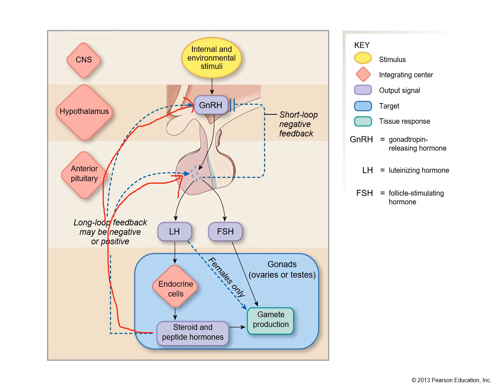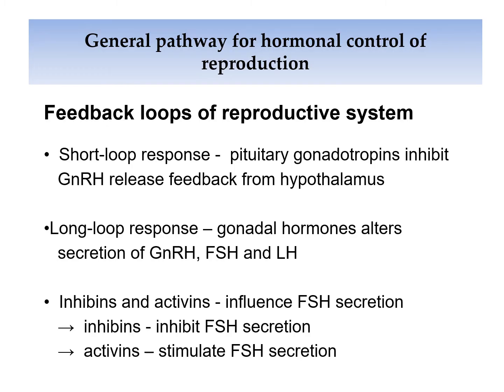There's also a short loop negative feedback, and this is directly from the pituitary to the hypothalamus. So you have the H, P, G. The feedback can be from P to H, or also from G to P and G to H. And so the feedback loops, as I had mentioned, are really critical in maintaining homeostasis.